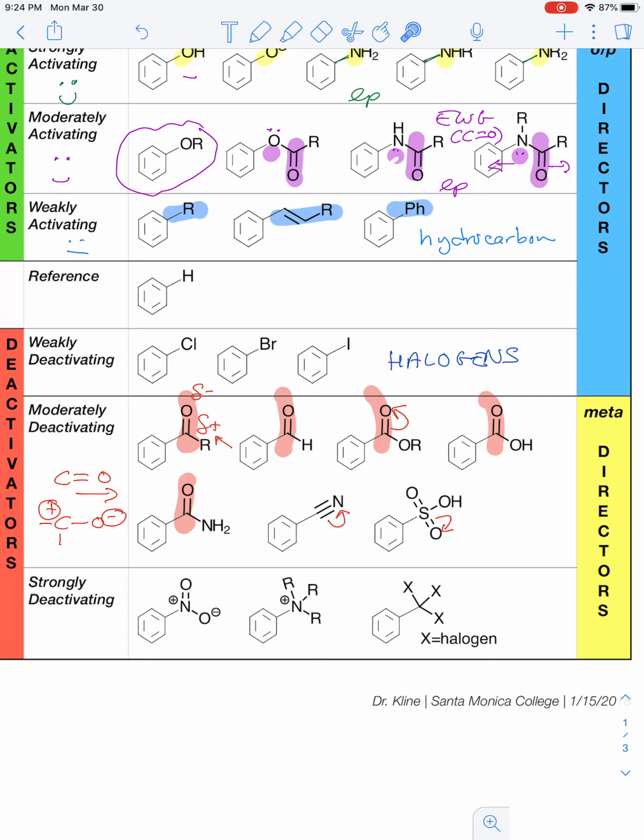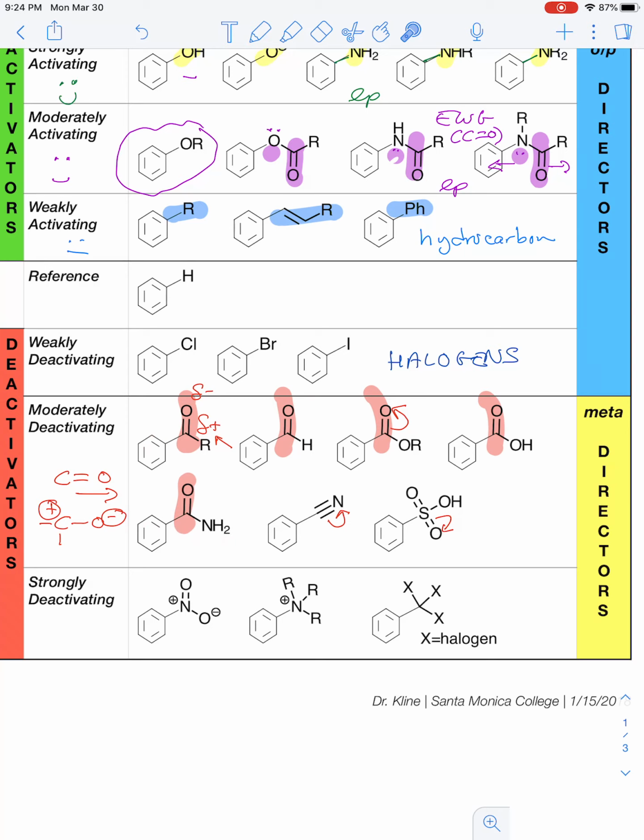So in all of these cases, if you're looking for commonalities, you have an atom directly attached to the ring that has a double bond. In each case, the double bond is to some sort of a heteroatom so that you can draw these resonance contributors that I showed with the curved red arrows.